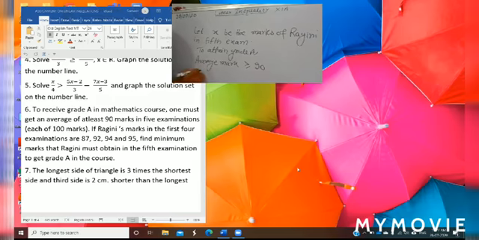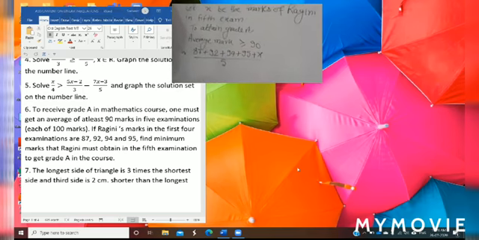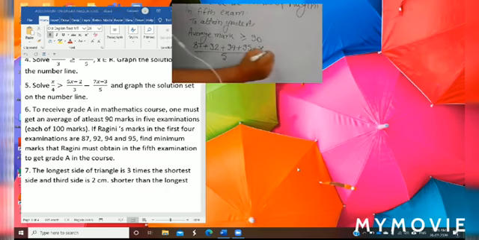So you write all that. 87 plus 92, okay, plus 94 plus 95 plus x, whole divided by 5, is greater or equal to 90. Understand? You try to solve it and find the value of x. That is your answer. Okay, note it.